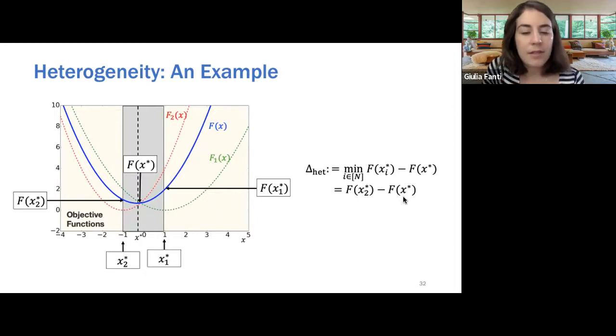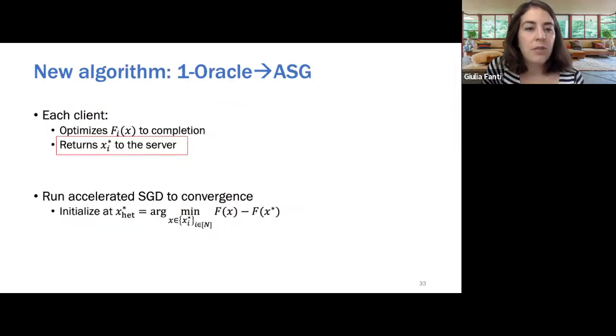Now, given this heterogeneity definition, we tried to analyze a simplified version of FedChain, which we're calling one oracle ASG. What do I mean by that? In one oracle ASG, each client first optimizes their local objective to completion and obtains the true xi star, the true local optimum, and returns that local optimum to the server directly.